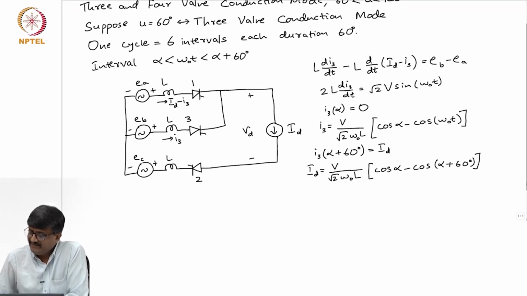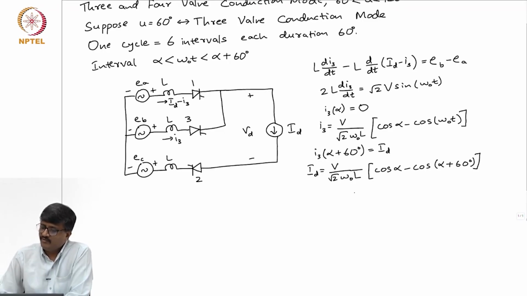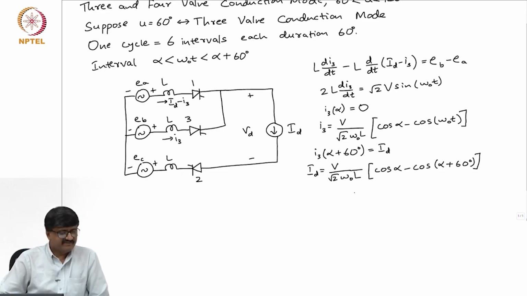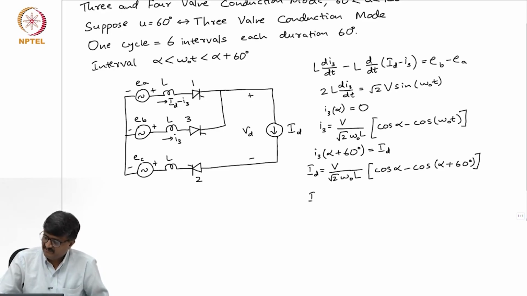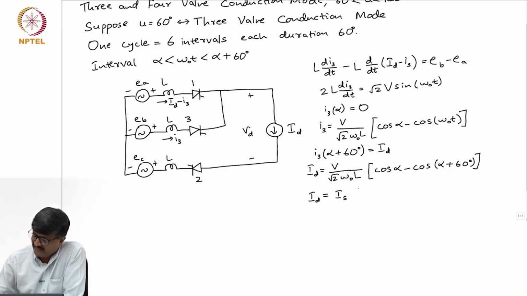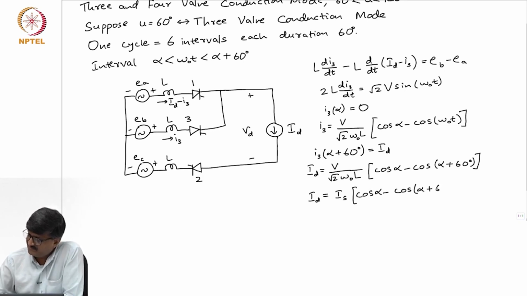V by root 2 omega OL is a notation which we define as the current IS. So I get ID is equal to IS into (cos alpha minus cos (alpha plus 60 degrees)).